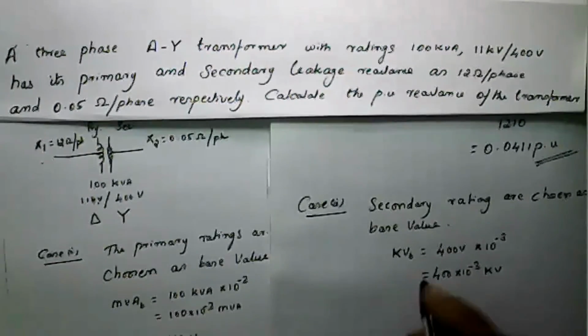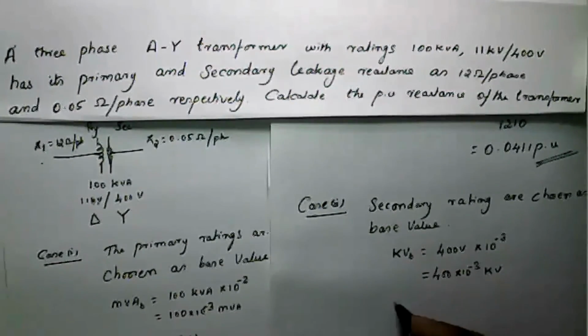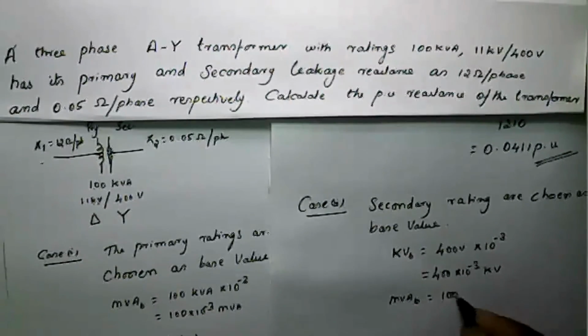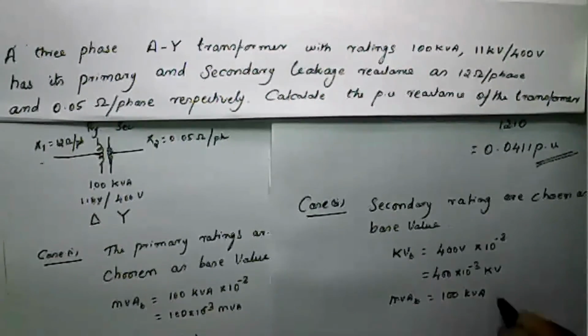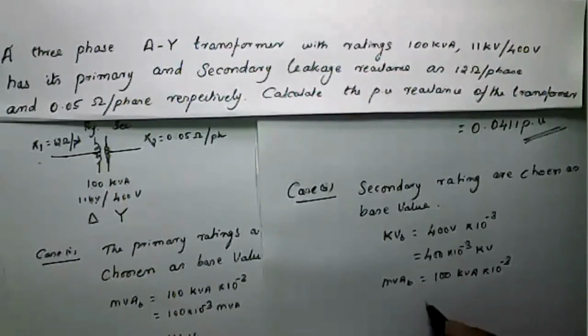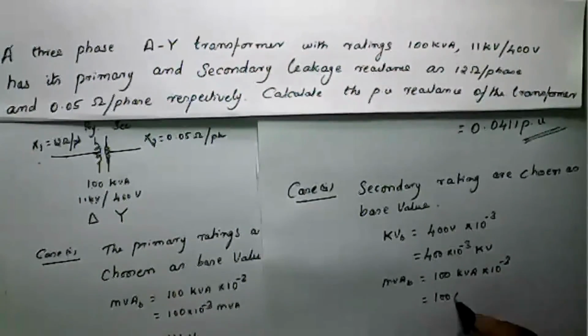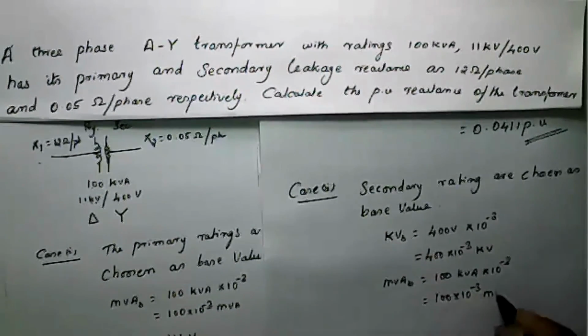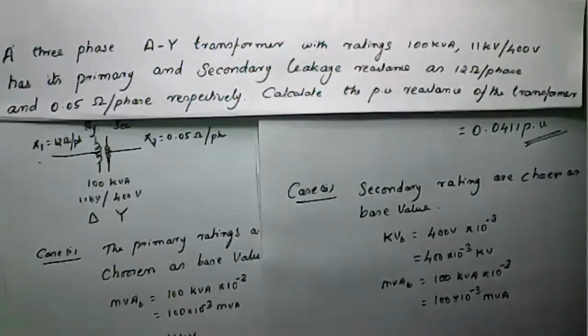There is no change in the power rating. MVAB is equal to 100 kilovolt ampere into 10 power minus 3, that is 100 into 10 power minus 3 megavolt ampere.